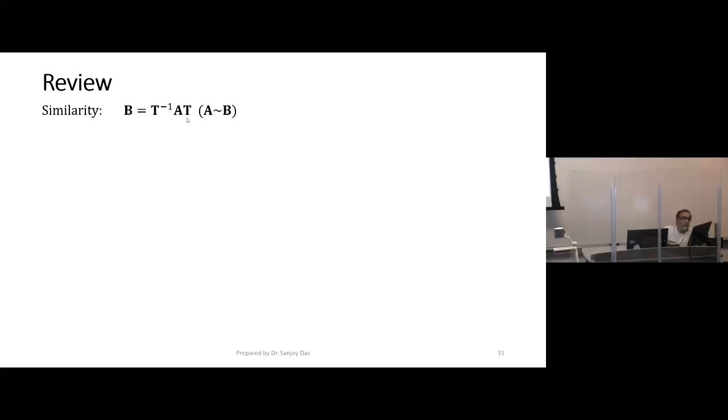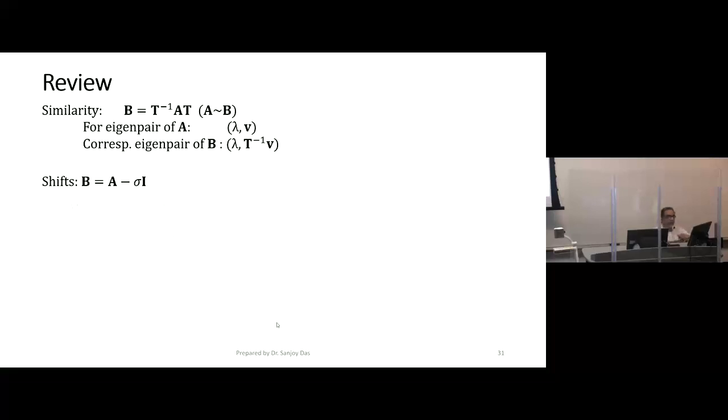This is when A and B are related via a similarity transformation, in which case the eigenvalues remain the same and the eigenvectors change according to this. For shifts, if B is a shifted version of A, then the eigenvalues get shifted.